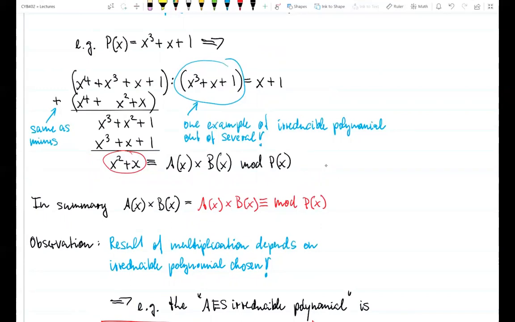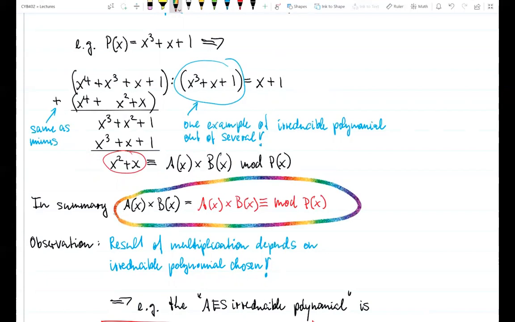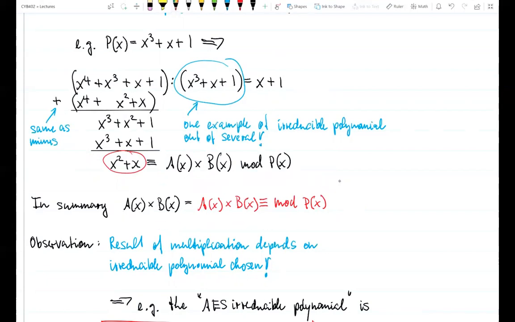Okay. So in other words, A times B is this here, okay? We already made that observation a little bit further up. The result of the multiplication actually depends on the irreducible polynomial that you have chosen.